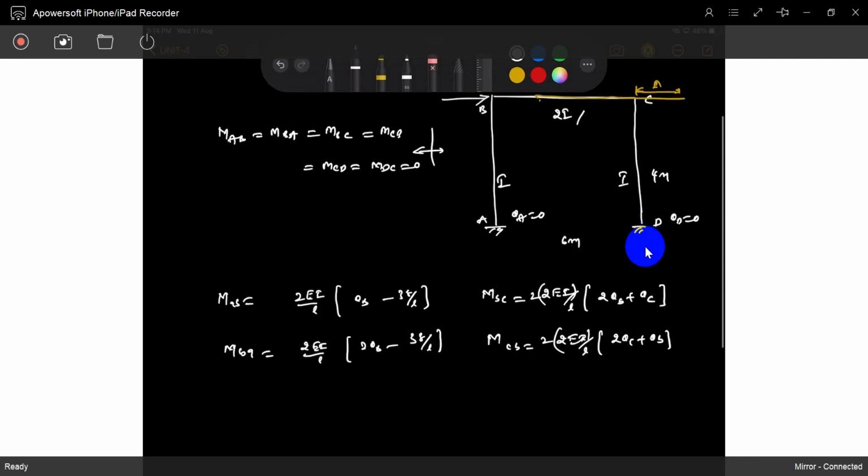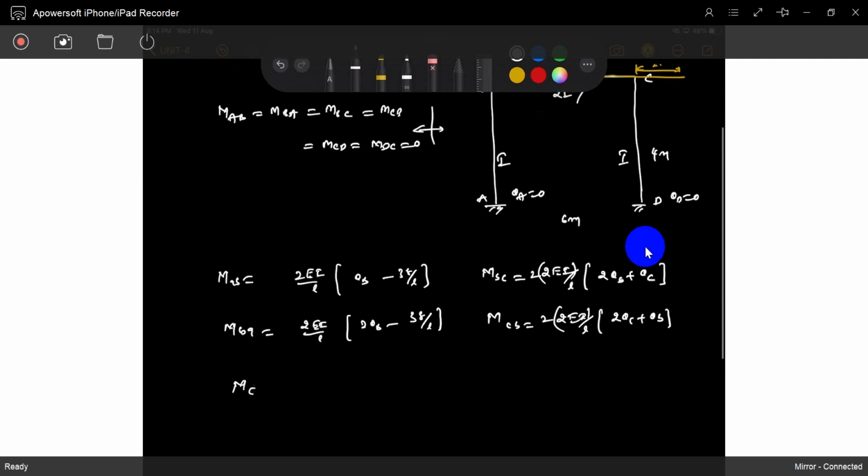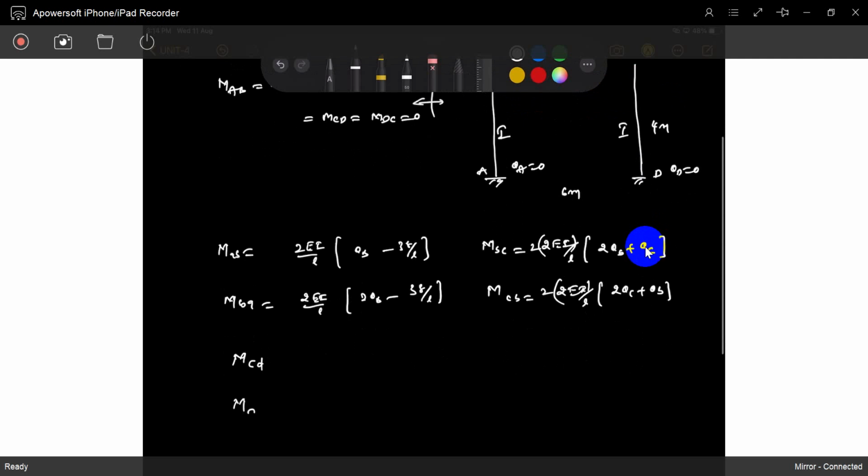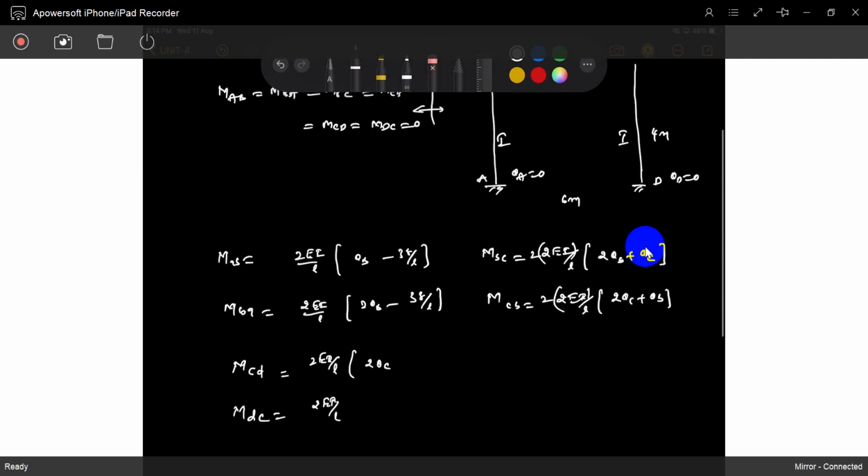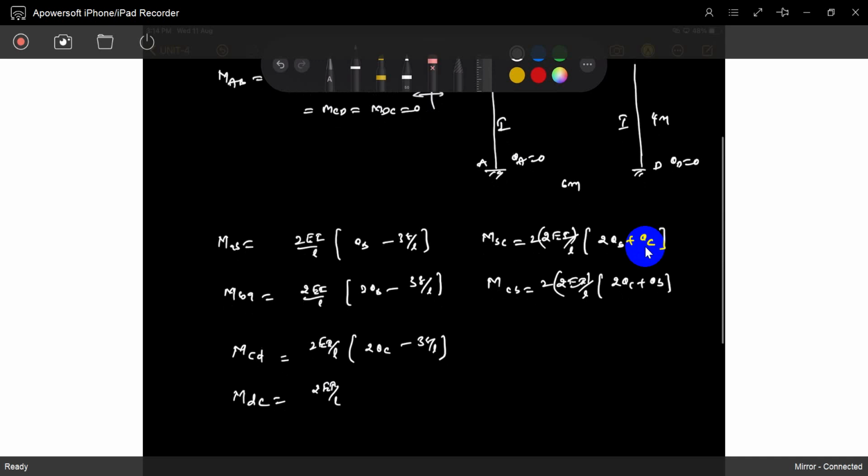Next, the same for MCD and MDC: 2 theta C minus 3 delta by L, theta C minus 3 delta by L. Theta D is 0.